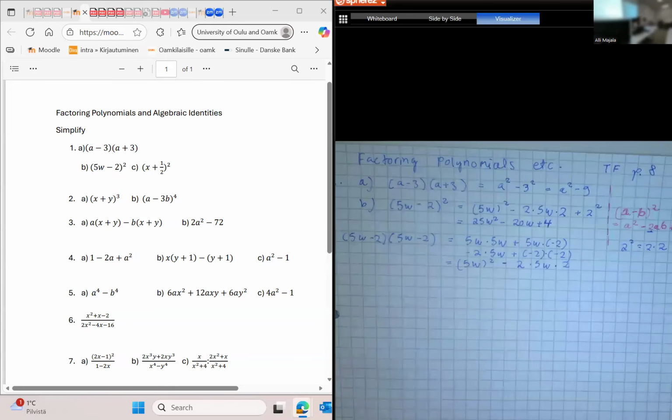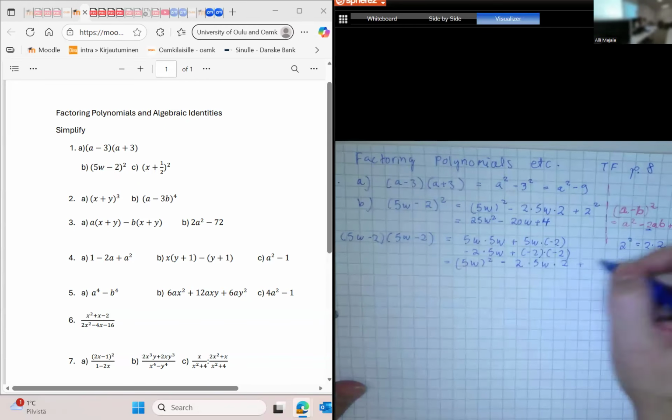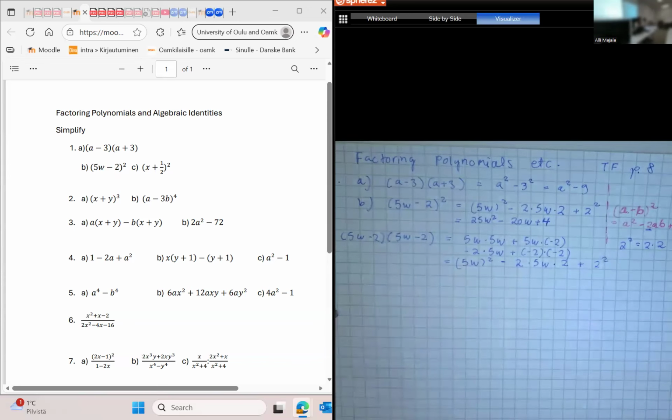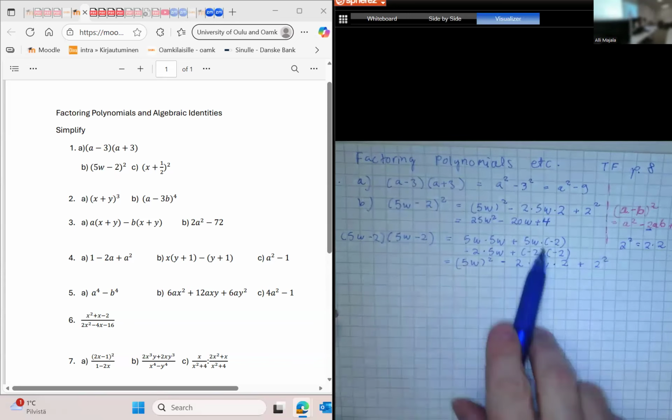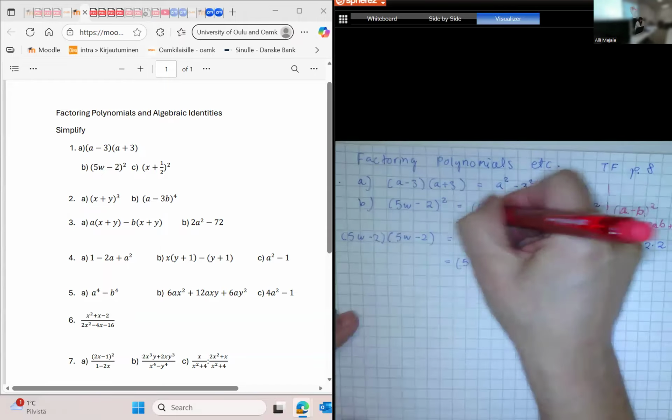Okay, cool. And then I still have this here. So obviously minus 2 times minus 2 is the same as minus 2 to the power of 2, which is 2 to the power of 2. Yes? Okay, so now this looks the same as this, yes? They are the same.